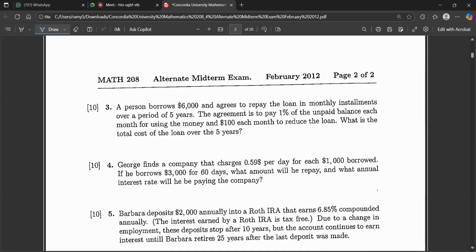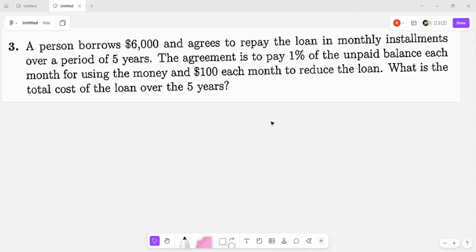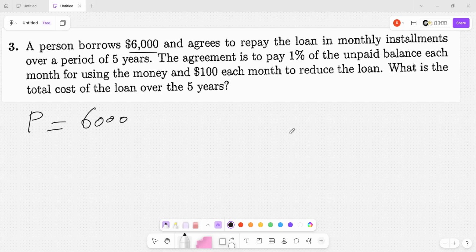Okay, next question. First of all, he borrows $6,000 and he will repay it back in monthly installments for about 5 years. So our P, our principal amount or the loan amount, will be 6,000.